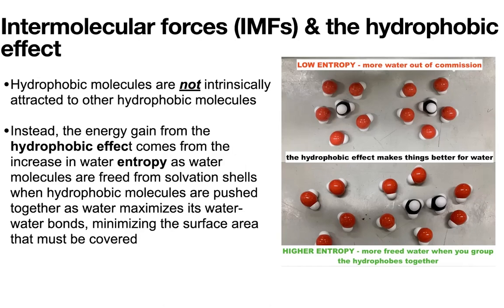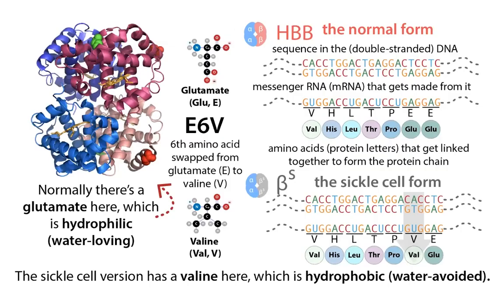even though those nonpolar things don't have an intrinsic desire to hang out with one another. So when we have a valine on the surface of a protein, we have to think about water getting tied up surrounding that valine. The water can't make favorable contacts with it, so it's stuck in place around the valine rather than being able to move around freely.